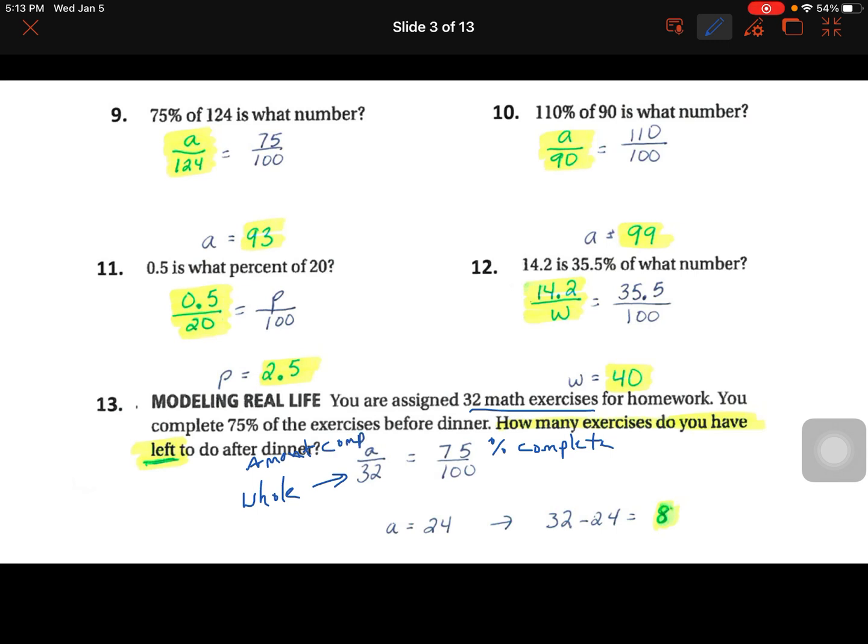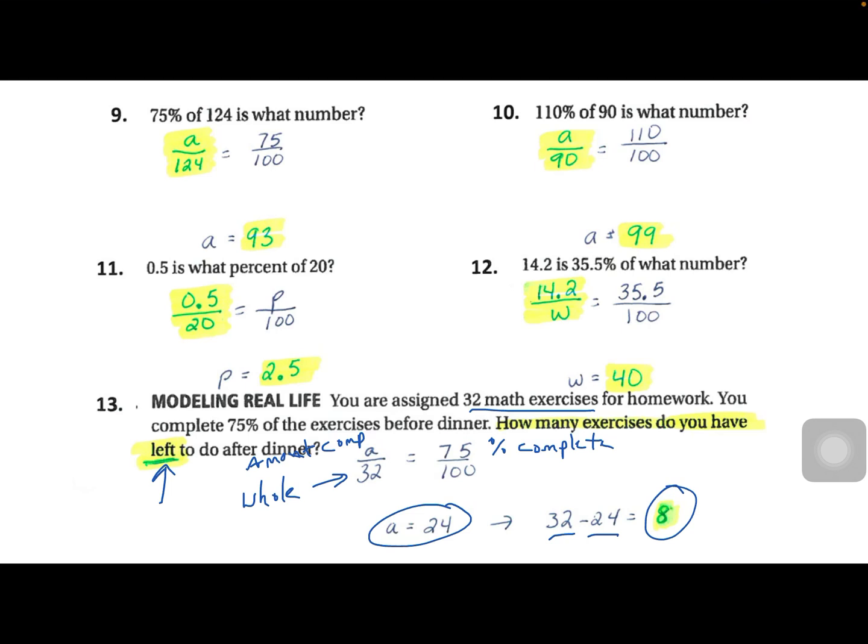So when you finish this question, the 24 is the number you completed, but the question says, how many do you have left to complete? Well, if there's a total of 32, you need to take away the 24 that you've already done, and you're left with 8. That was a tricky question for many of you, but you only needed a 70%, so if you got that one wrong, you still had a 70% or better on your assignment.